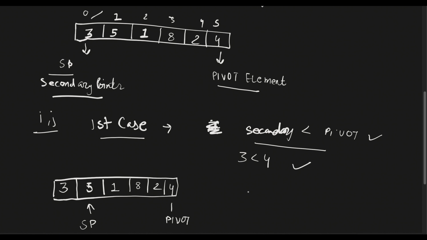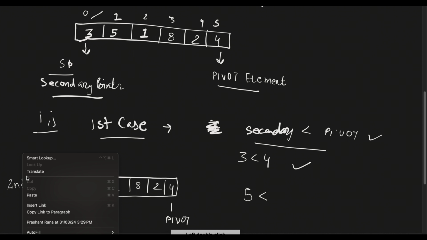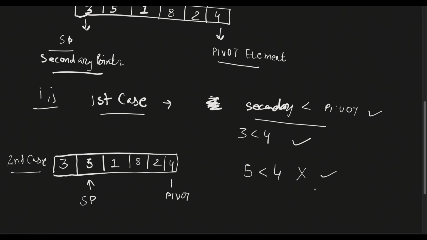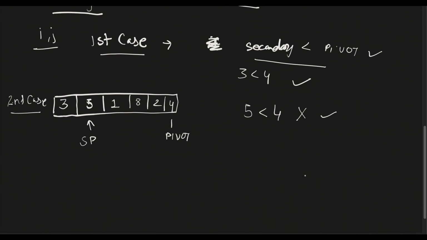Now I will compare again. Is 5 less than 4? This condition is false. We will move forward, but we will not increment our secondary pointer.